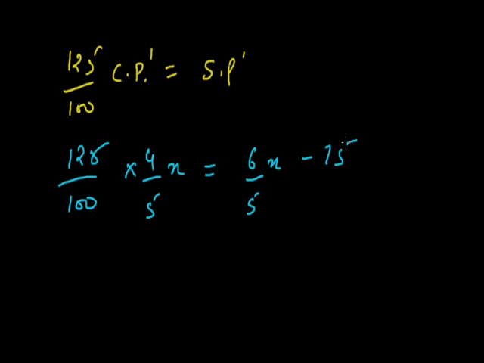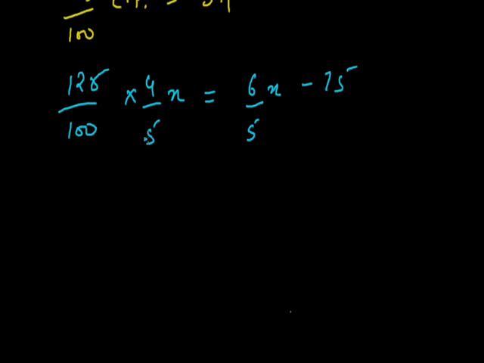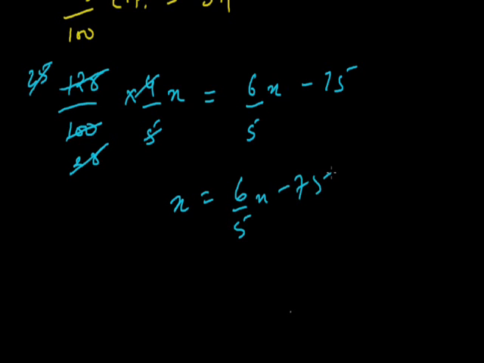Now if we solve this, here 5 will cancel 125 25 times, 4 will cancel 100 25 times, and 25 will get cancelled by 25. So x will be equal to 6 upon 5x minus 75. Now if we take 75 on this side and x on this side, 75 is equal to 6 upon 5x minus x.